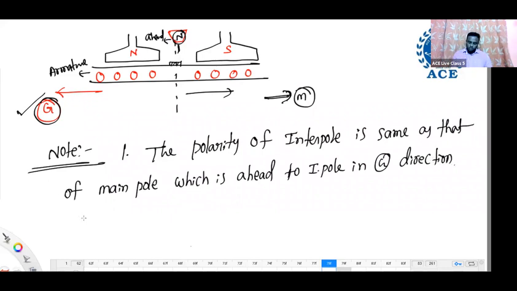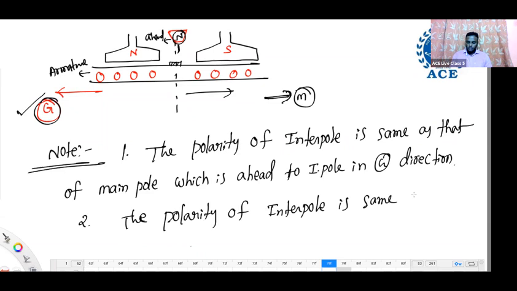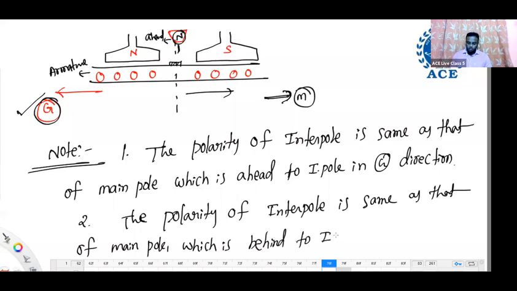Next, second: the polarity of the interpole is the same as that of the main pole which is behind the interpole, behind meaning backside of the interpole, in motor direction.